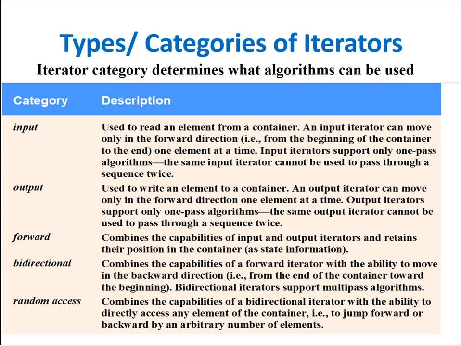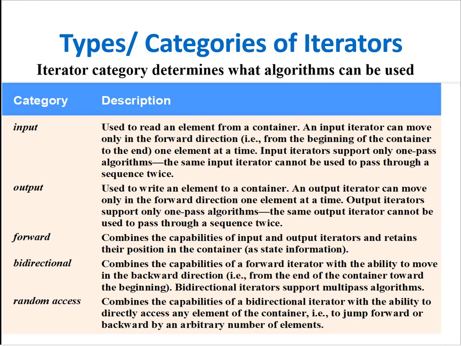Output iterator is used to write an element to the container, and the output iterator can move only in the forward direction one element at a time. Output iterator supports only one pass algorithm. The same output iterator cannot be used to pass through the sequence twice.